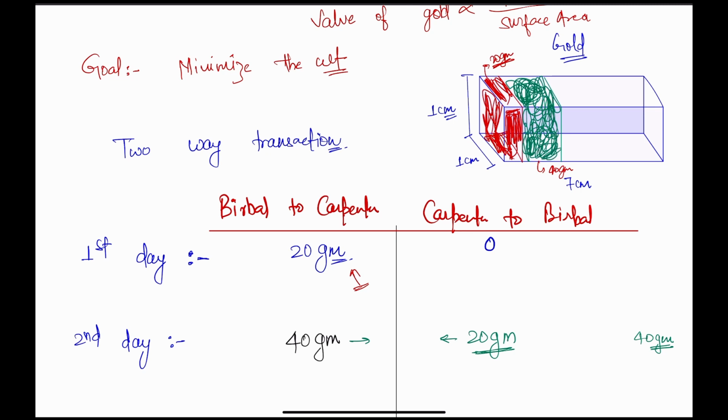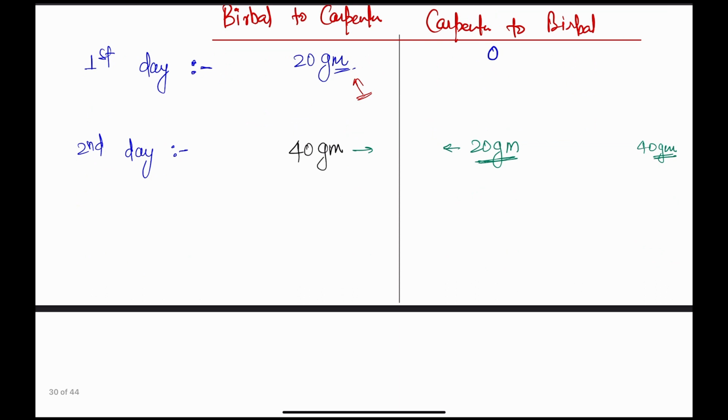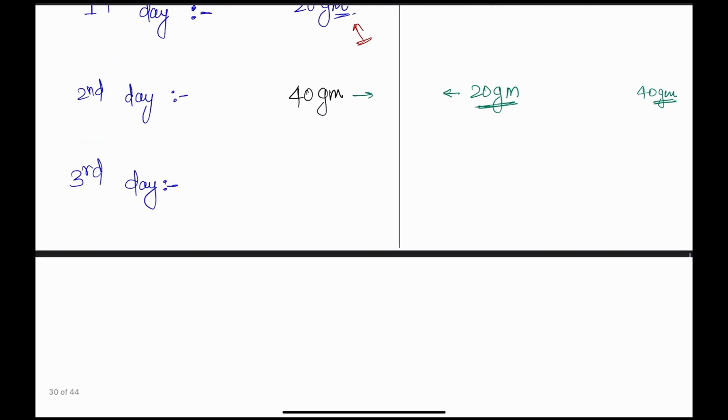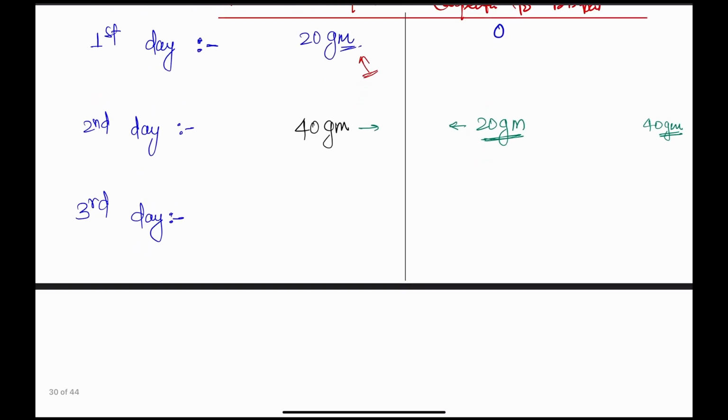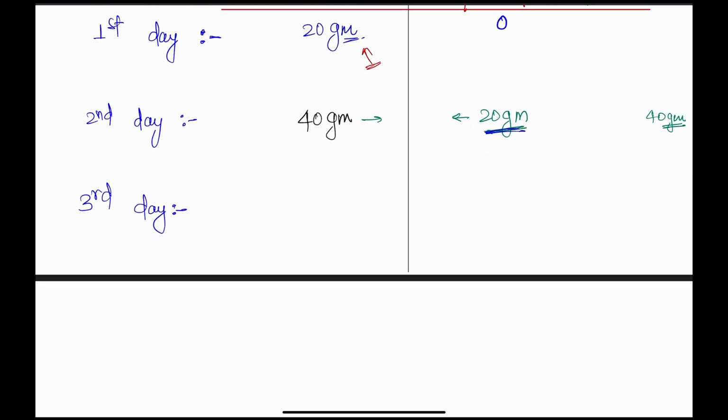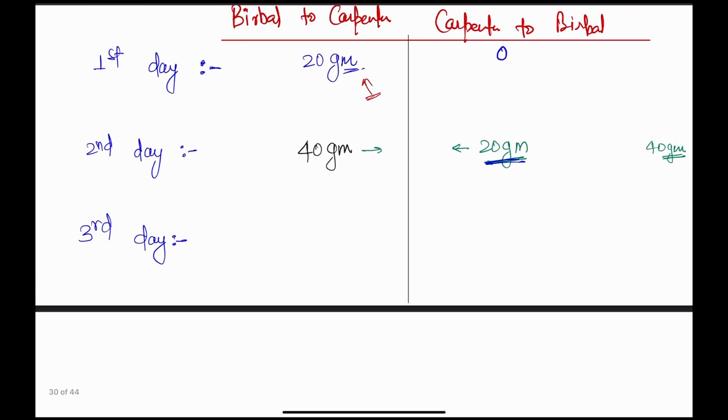So let's understand the benefit of doing this. What will happen on the third day, when he works? On the third day Birbal should pay him 20 gram, and Birbal already has that 20 gram given earlier by the carpenter. Let me write here, carpenter's pocket.